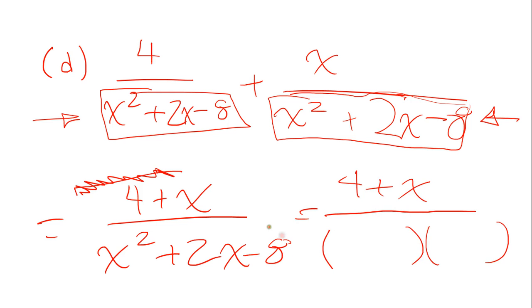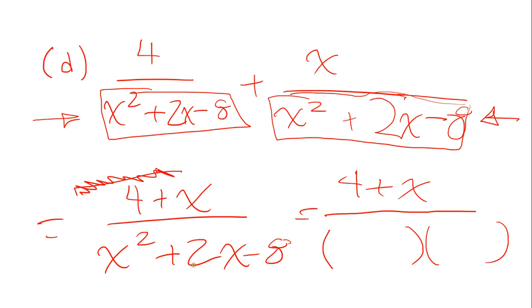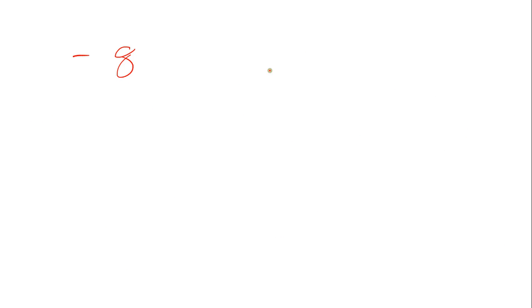Let's see if this denominator factors. I need 2 factors of 8 that give me 2 when I add them. So we got minus 8, and I want to factor that to get 2. Let's see here. 4 and 2 are definitely 2 apart.